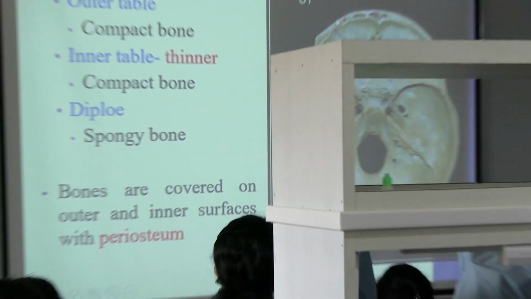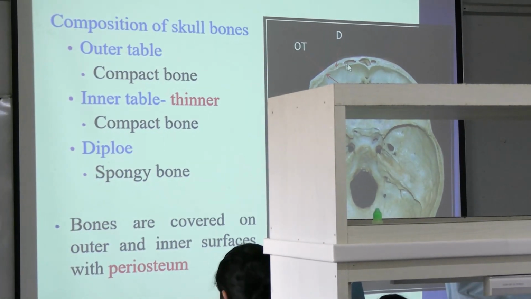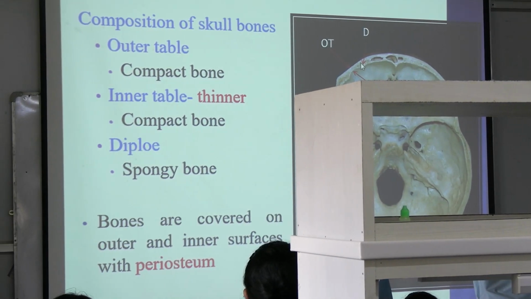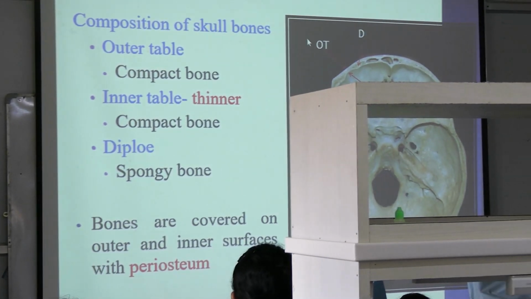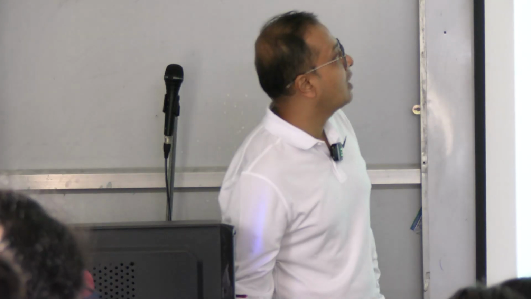Now, if you look closely, the skeleton of this skull has two layers, an outside layer and an inside layer, and in between we have the osseous tissue. The outside is the outer table or outer layer of the skull bone.